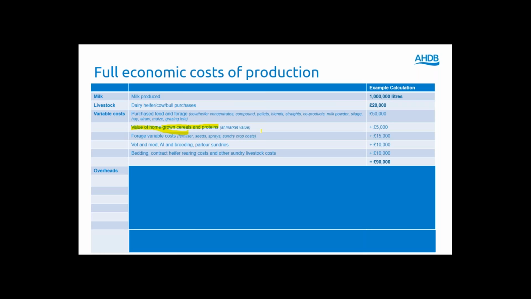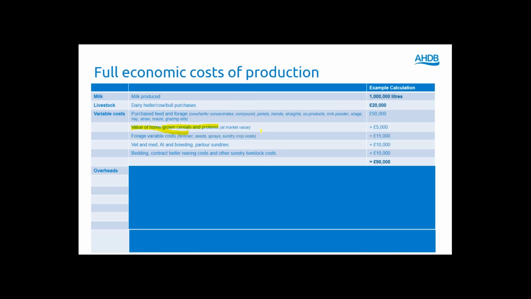Can I just check with you, Mark? You talk about value of homegrown cereals and proteins. Now, obviously, that's assuming that you assign all of the cost of growing that into a different enterprise, which might be an arable setup.